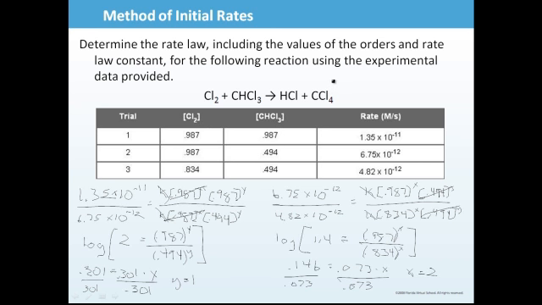Okay, now that we know the orders, what we do is we pick one of the 3 trials, and I'm going to pick trial 1.